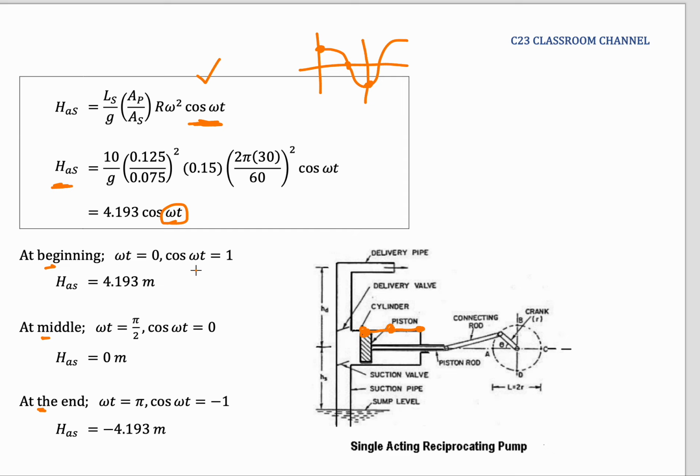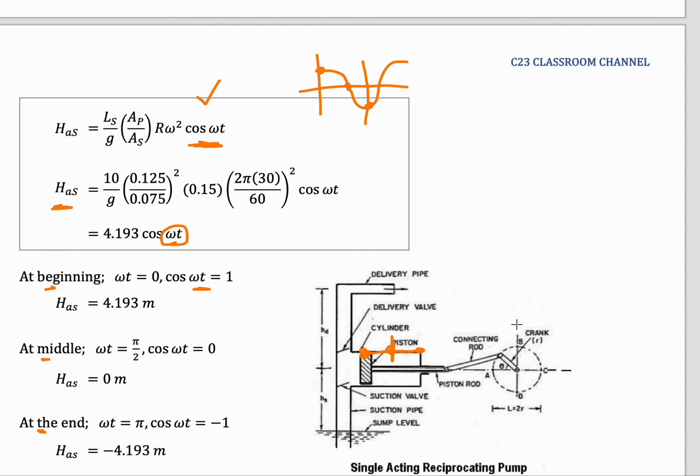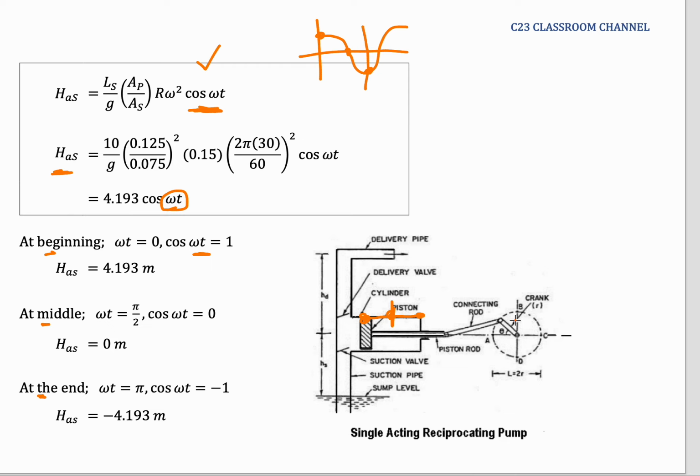And if we substitute omega t, or theta, equal to 0, we get cos equal to 1. At the middle, the crankshaft is at 90 degrees, so omega t of 90 degrees will give us cos 0.